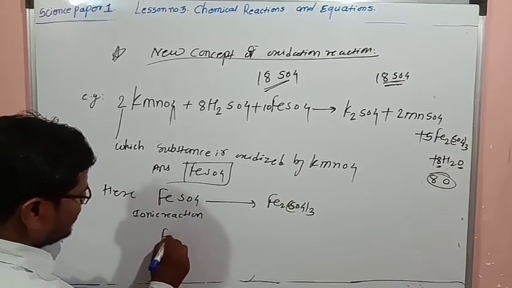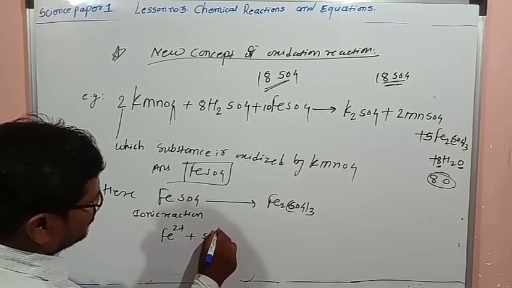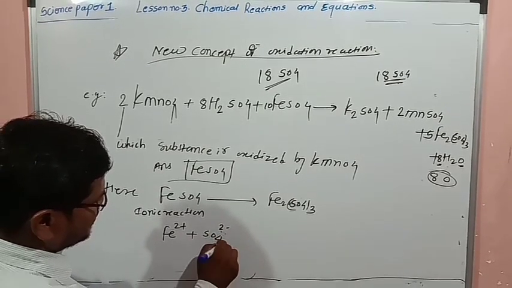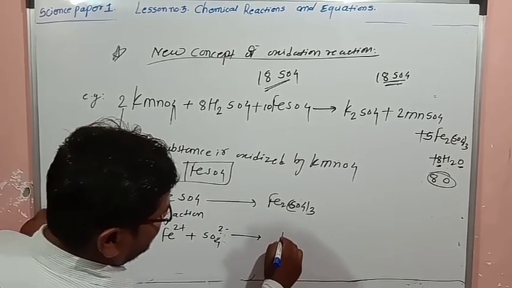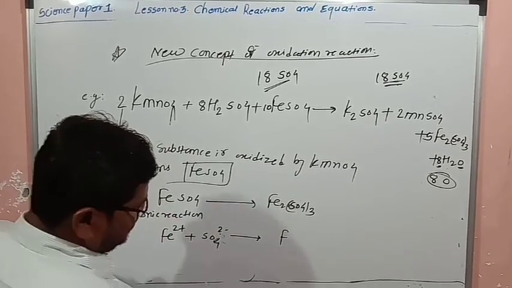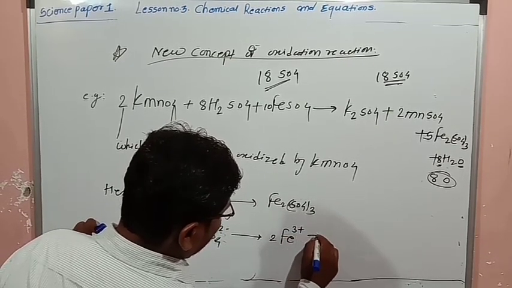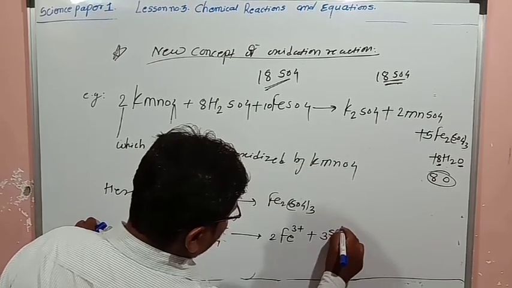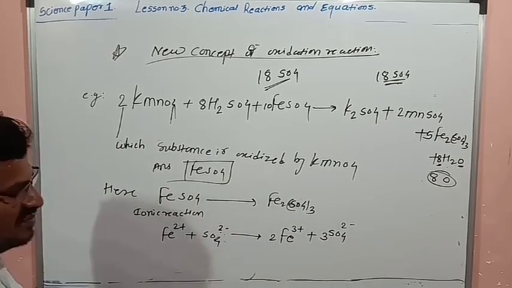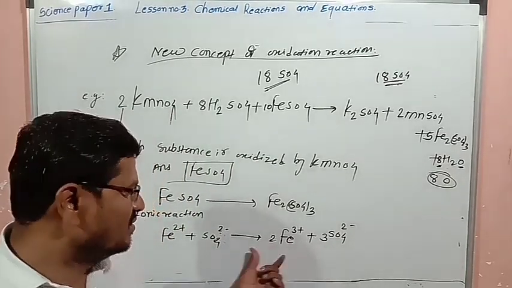So in that, Fe2+ and SO4 2-, and here Fe3+ and 3 SO4 2-.